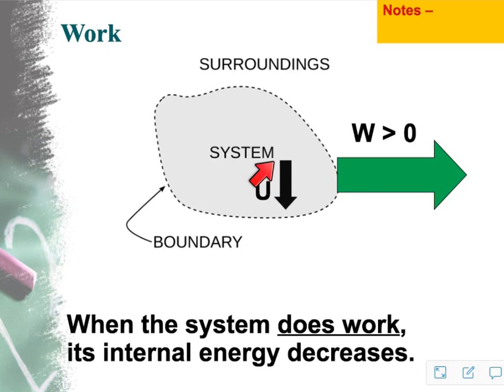Well, that means that this system is doing work on its surroundings and therefore its internal energy has to decrease. Now, this is where you have to be careful because when a system does work, the value of W is greater than 0.